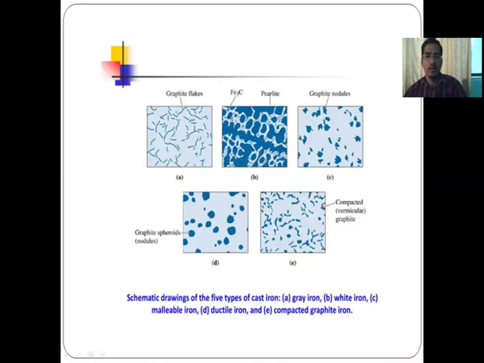So in this way, we can learn the types of steel and the types of cast iron, and the difference between steel and cast iron depending on the application. If there are high duty rigid applications, then we prefer cast iron.